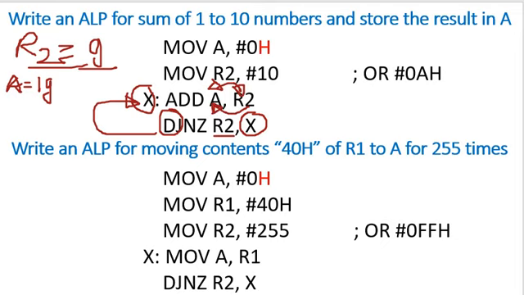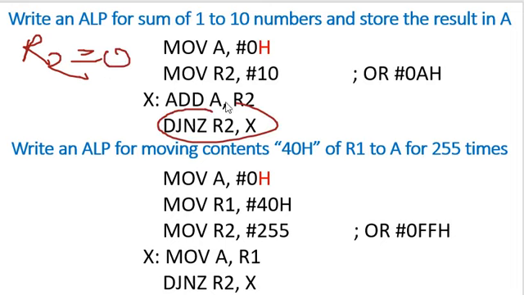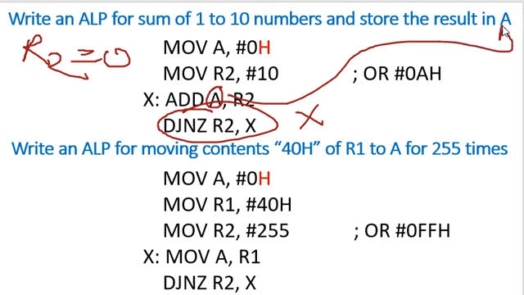This is how it will be done a total of 10 times, and finally when R2 becomes 0, this condition will fail. Once the condition fails, whatever result we got in the accumulator will be the addition of all 1 to 10 numbers.